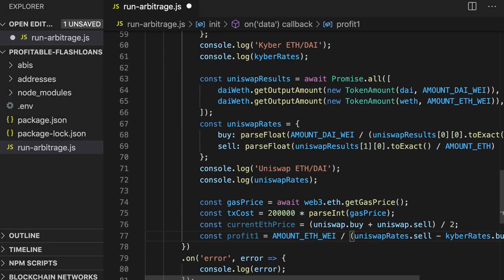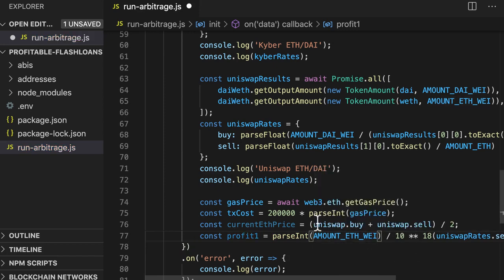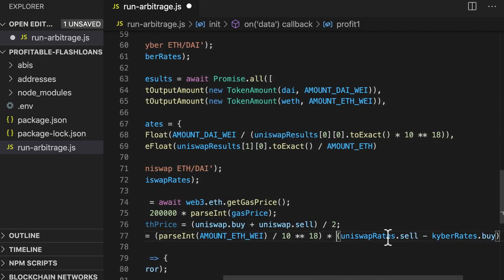So we're going to divide this by 10 power 18, and we're also going to pass this into an integer because originally this is a string. Put this everything into parentheses, and we multiply the difference in price.